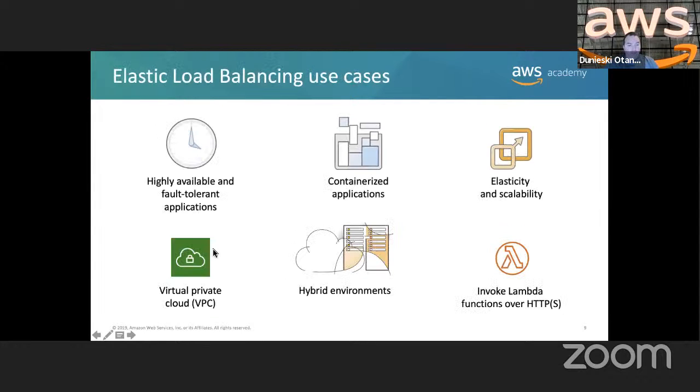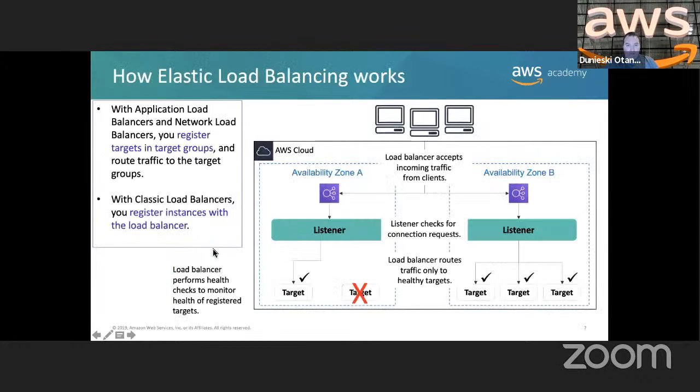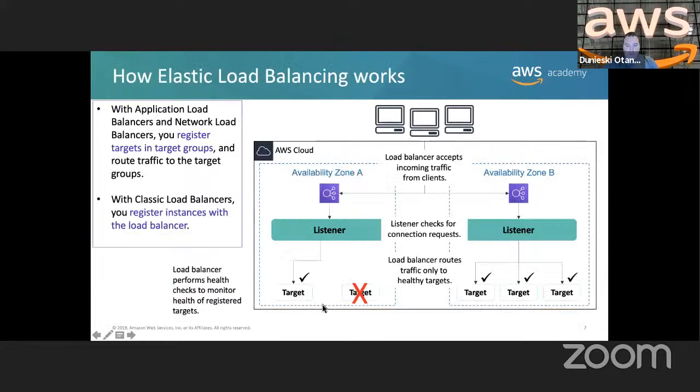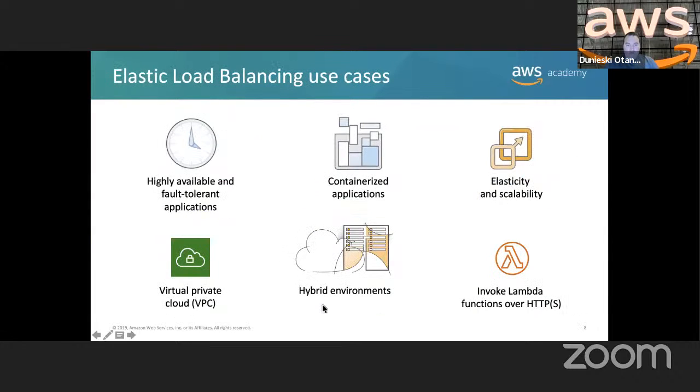You can use it in the virtual private cloud. That's the case that we have here. It's inside a VPC, right? Also, you can use it in a hybrid environment. When part of your resources are in the cloud and part of your resources are on premises, you can still use the Elastic Load Balancer.